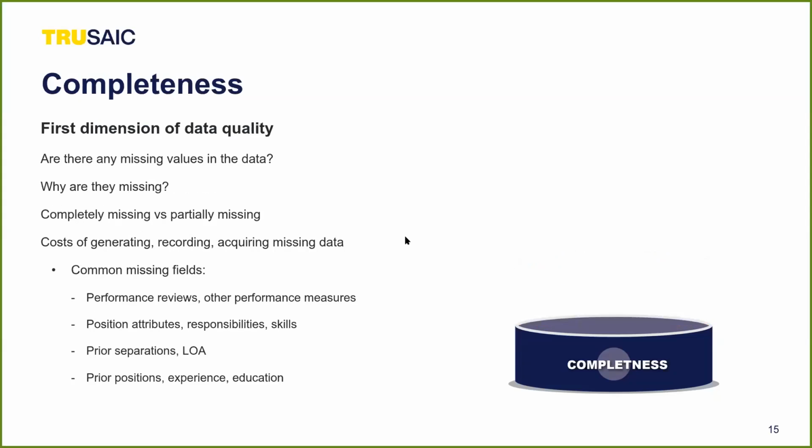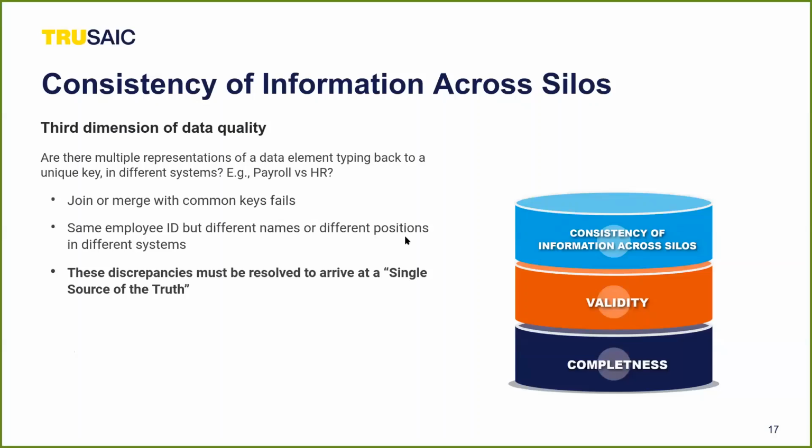Then we get to, sorry, going the wrong way. There we go. Consistency of information across data, across silos. So this is the bigger consistency issue. When one joins data in a way that has not been joined before, is that working properly? Are the join or merge keys causing problems? Are they inconsistent in some way?